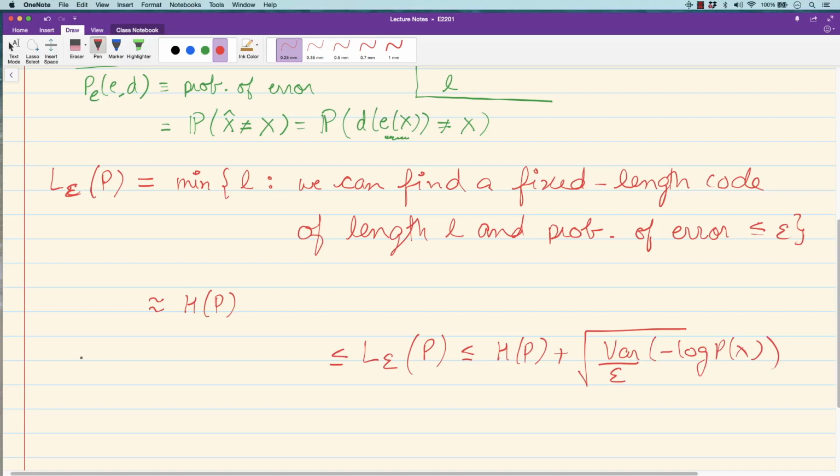And we also saw that it is greater than H of P by 1 minus epsilon, and there was some other correction term here, perhaps something like just 1. But this is not important, I can't remember it right away. We just applied Fano's inequality. So L epsilon P was between these two limits.